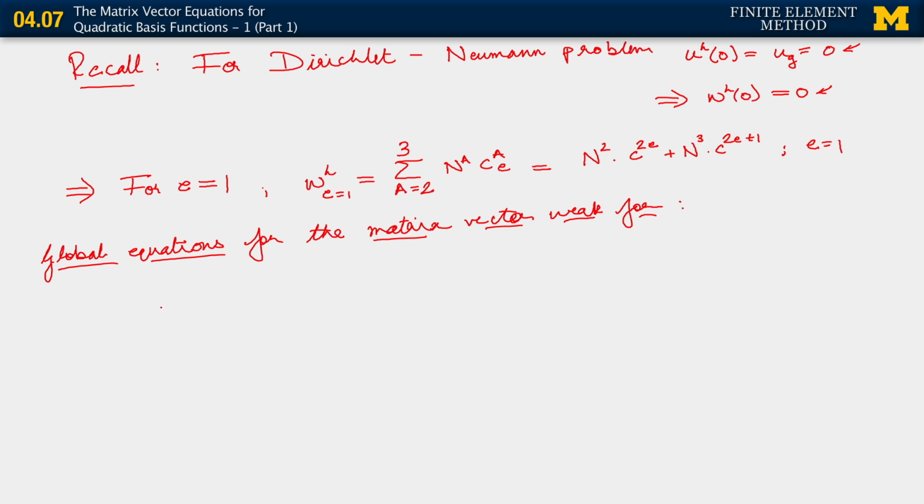For element E equals 1, we have something a little special. We have here C2E, C2E plus 1, for E equals 1. Let me explicitly use the fact that E equals 1 here. When I do that, C2E becomes C2 and C2E plus 1 becomes C3.